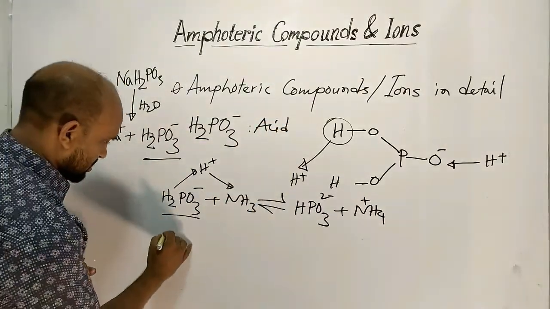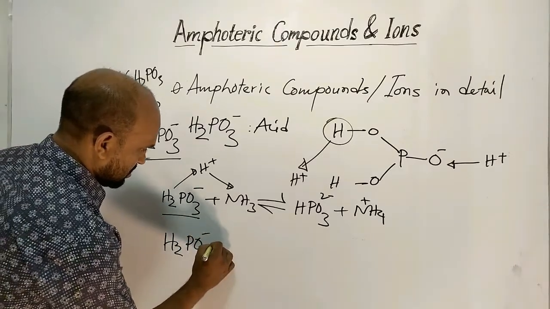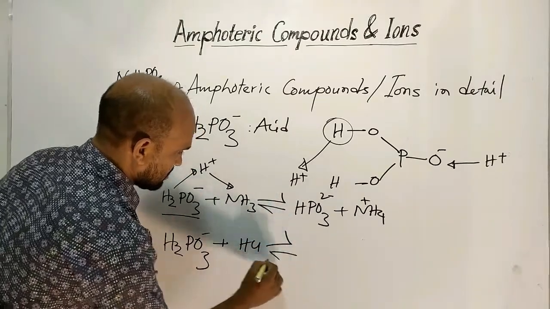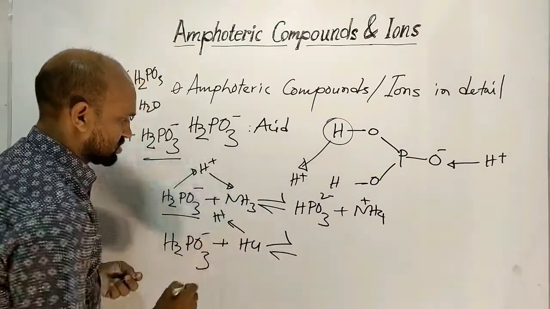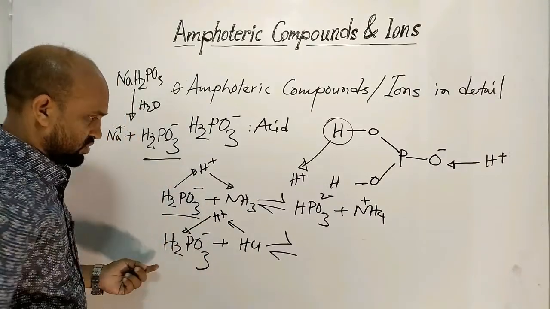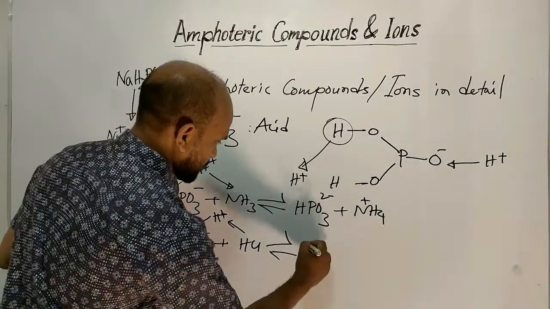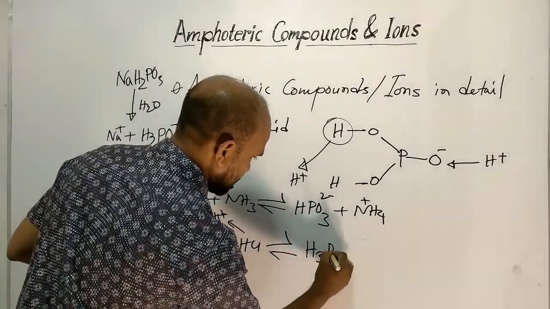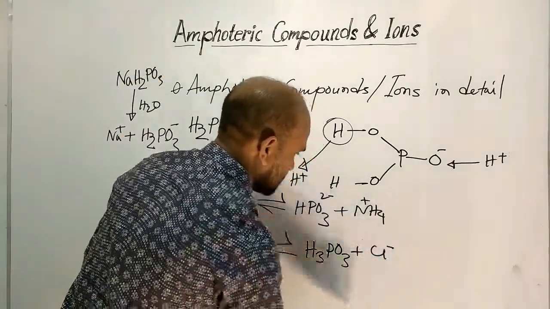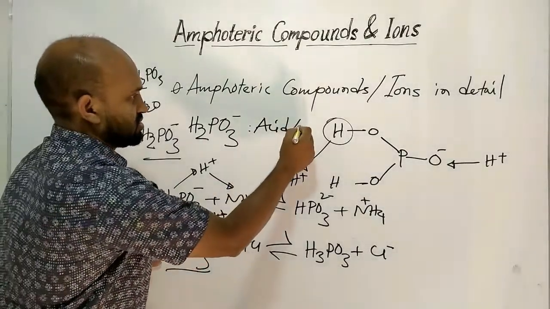Let's see another reaction. When dihydrogen phosphite ion is added to hydrochloric acid, hydrochloric acid donates a proton and this ion accepts that proton. Now it becomes phosphorous acid, H3PO3, and HCl becomes chloride ion. So in this reaction, it acts as base.